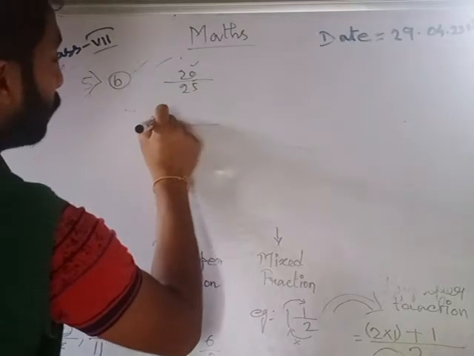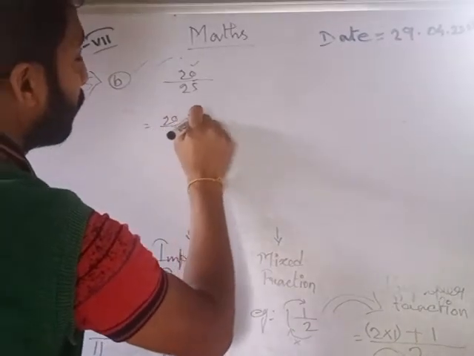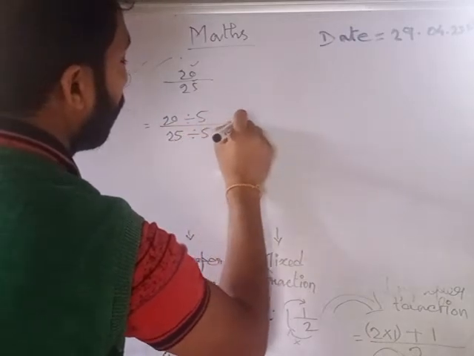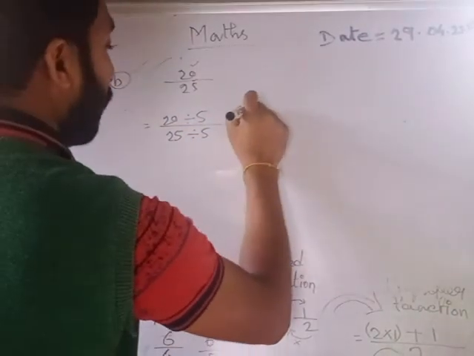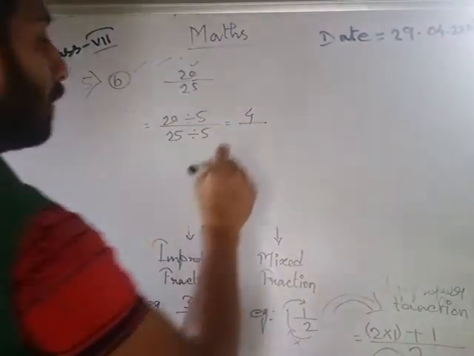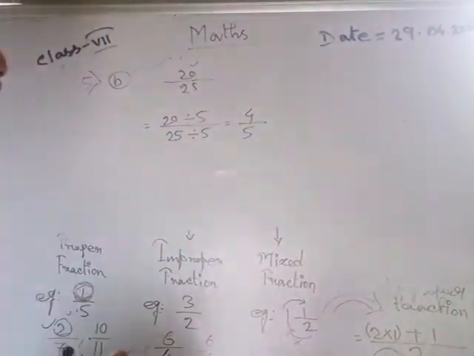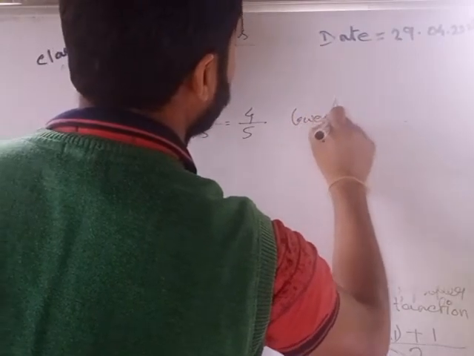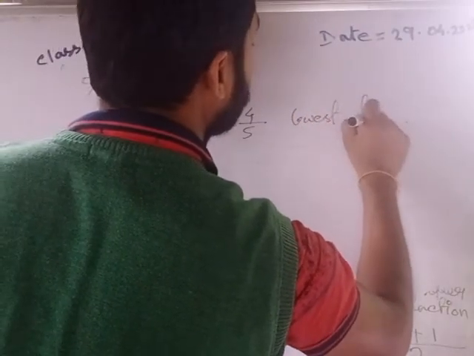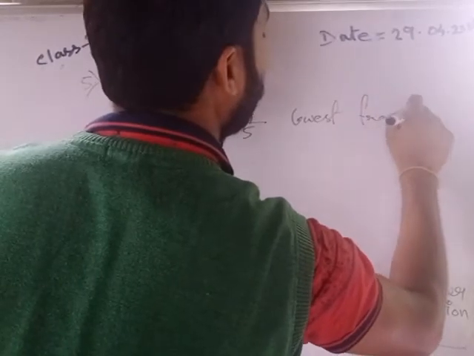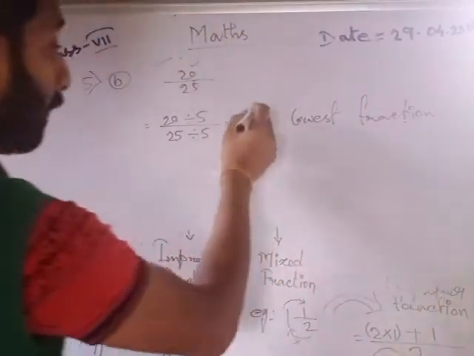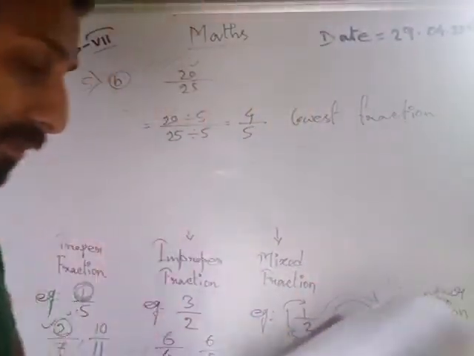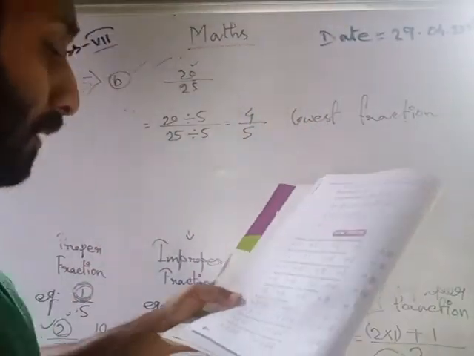That means we should divide by 5. 5 4s are 20 and 5 5s are 25. That means it becomes the lowest form of this fraction. If it is divisible by any number, then you should divide it. Okay, after that we should go to the next.